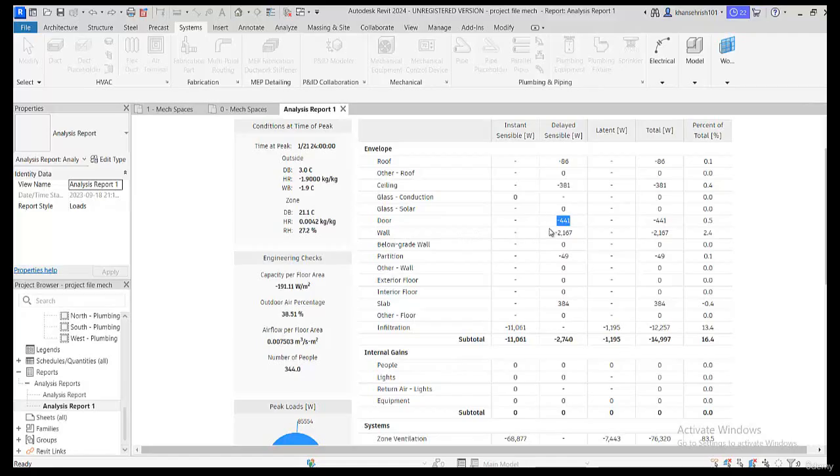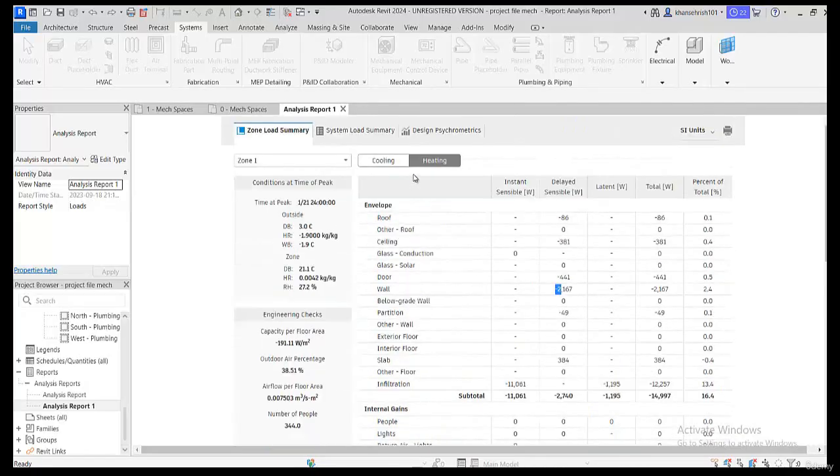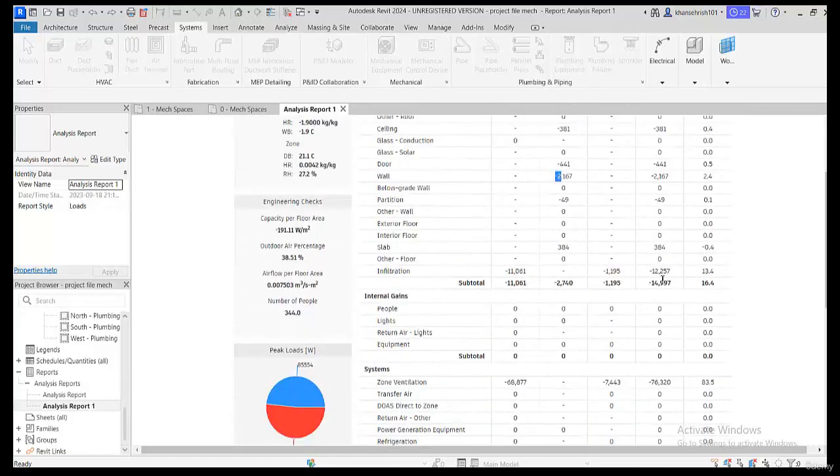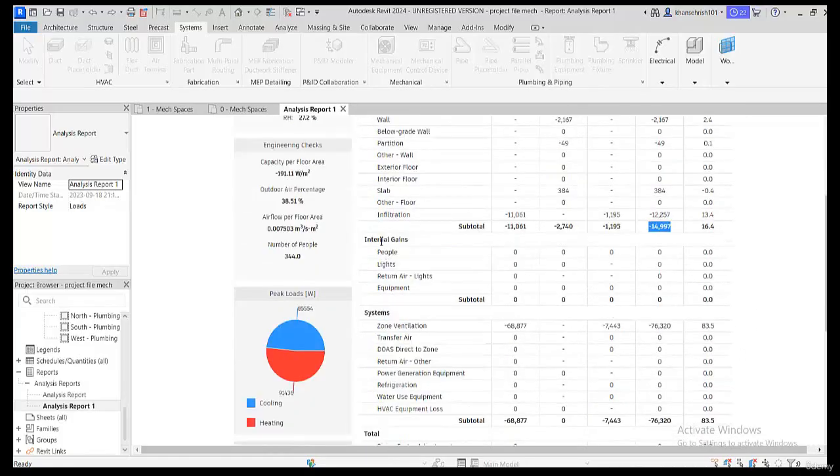Similarly, through the wall 2167 watt of heat is lost. So the total heat lost through the building envelope is 14 kilowatt. The total internal heat gain is 0.